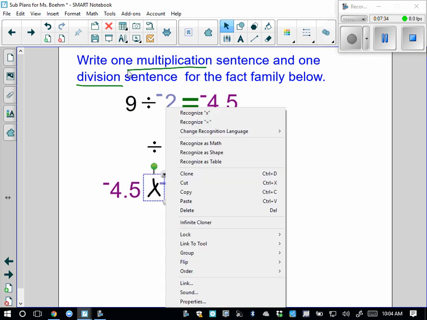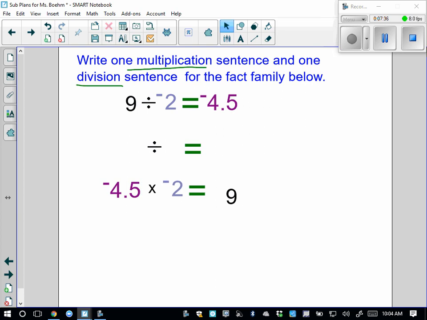And so that tells us what would we have to have over here, Clara? On the division one, it's 9 divided by 4.5. Yeah, because we have to have the negative 2 here. Because we have to have all three numbers on the right.